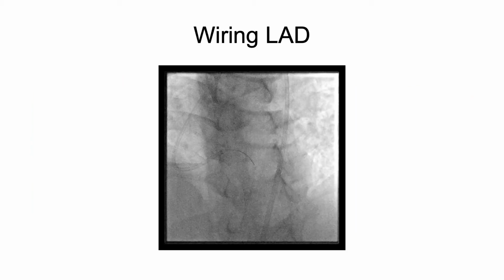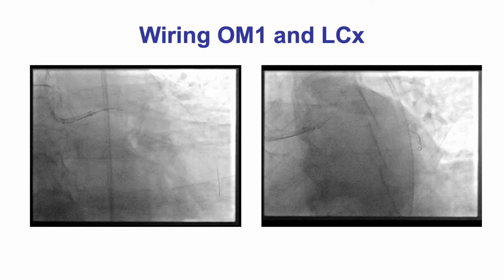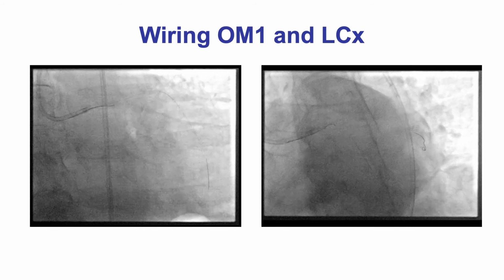And then we wired the LAD, the circ, and then the OM1 was a big branch, so we wired the 3 vessels.